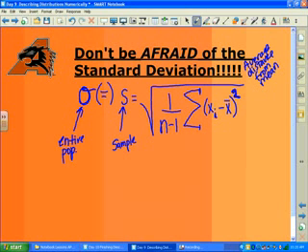Rob was our mean, and all of you were a certain distance away from Rob. All of you on the upper, tall side of Rob had positive distances away from Rob, correct? All of you on the lower side had negative distances away from Rob.